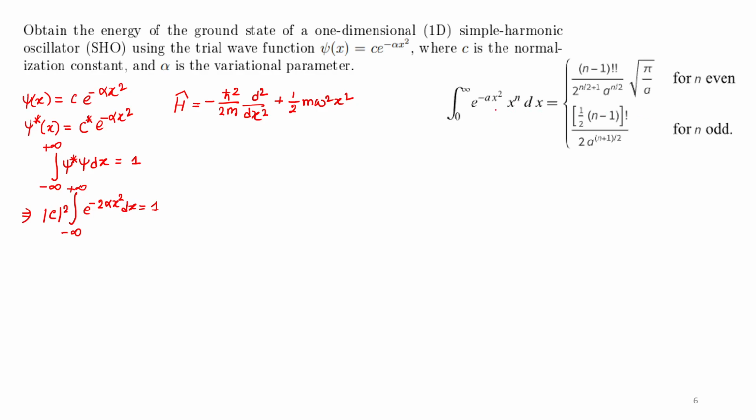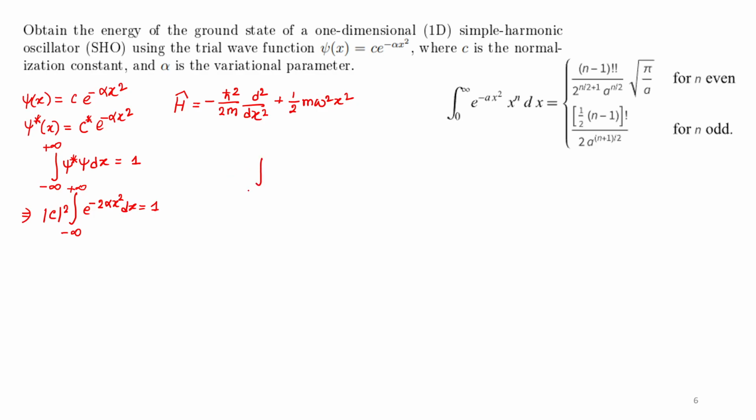But see here, the standard limits are from 0 to infinity, while here it is minus infinity to plus infinity. So from now on, I am going to show you how you can convert these to the standard integral and then use the formula to get your answer.